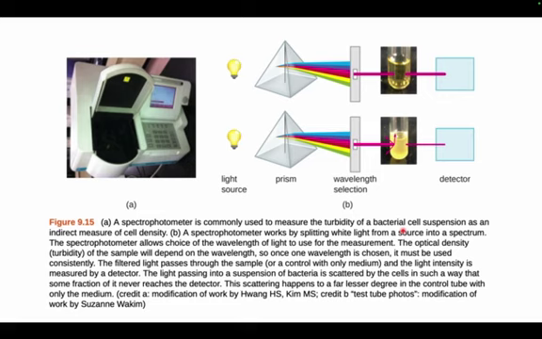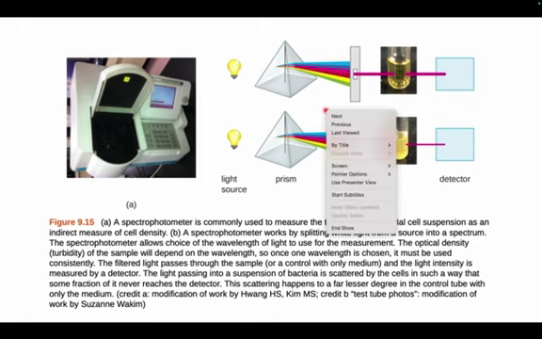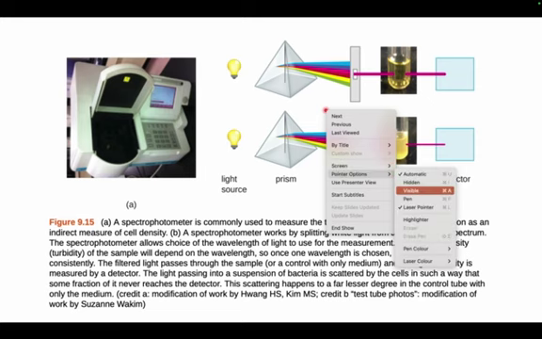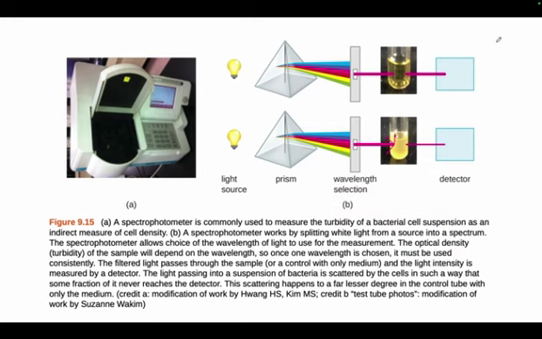Here you can see this is just culture medium, with no cells in it. I just have a tube with liquid, and there are no actual particles within this liquid, so light is able to pass through it and will be detected over here.